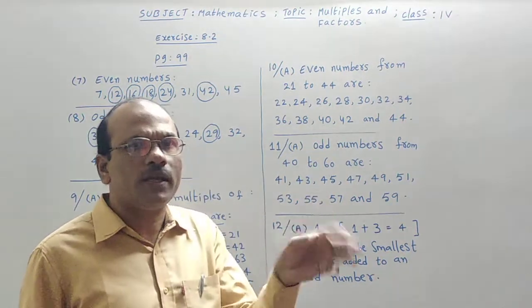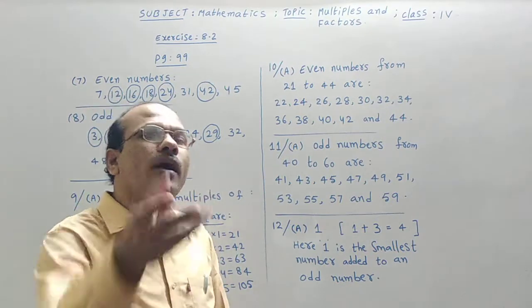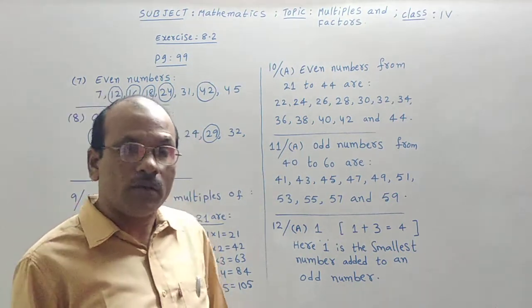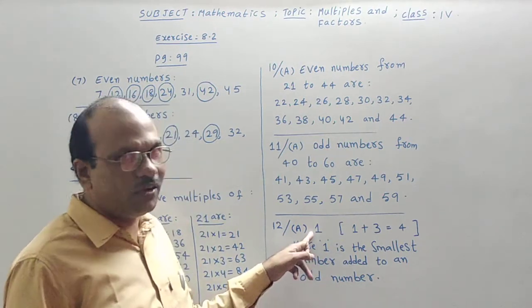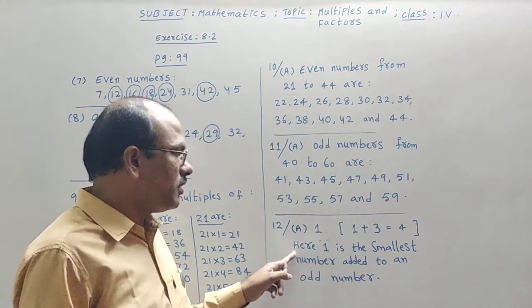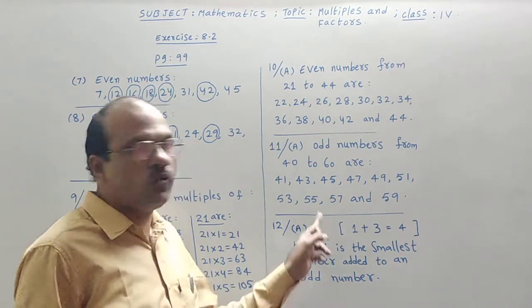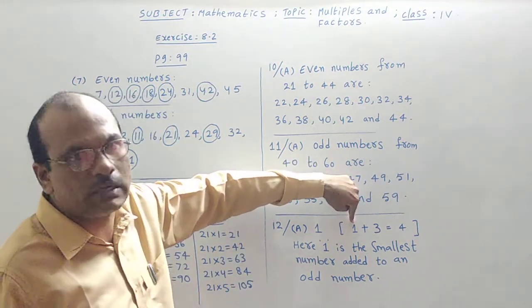What can be that smallest number that should be added to an odd number so that the result is an even number? Here 1 is the answer we got. 1 is the smallest number we have identified.